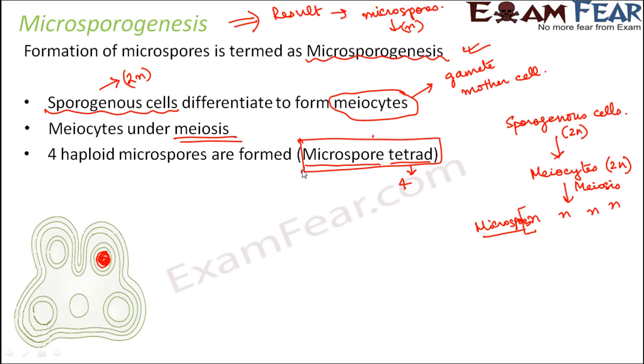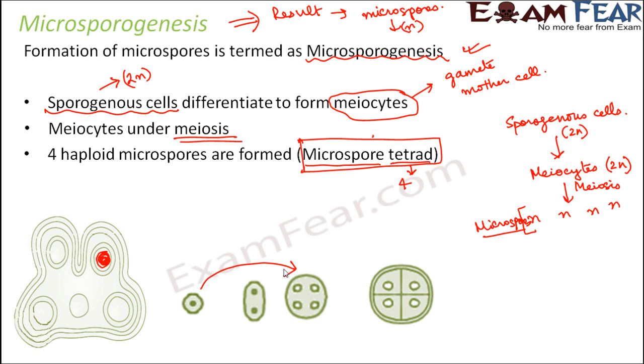Now what happens to these microspores? With maturity, these microspores will dissociate from each other in the tetrad. So here you can look at the figure. This is how a sporogenous cell is, and this will undergo meiosis and give rise to 4 cells. So a tetrad will be formed.